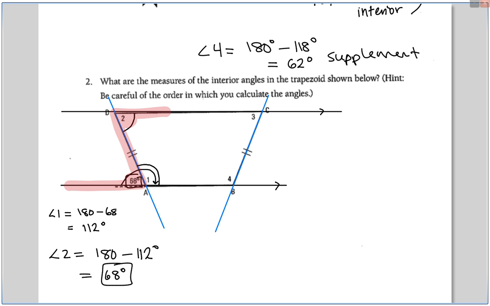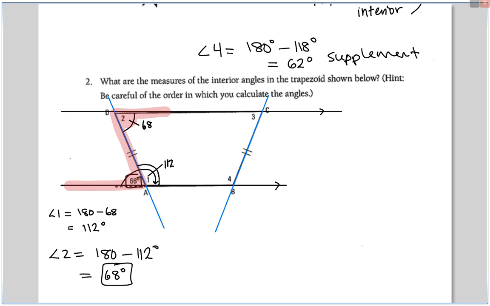Alright, so we have angle 1, let me just jot this in, 112. We have angle 2, jot that in at 68. Alright, so let's add up 68 and 112.